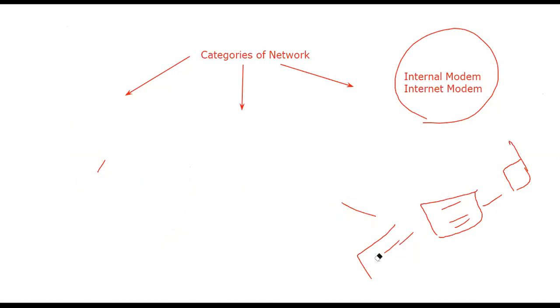If your questions are answered, I will go to the categories of network, and I would like to explain the three main categories of a network. The first category is the LAN, the local area network. Now, local area network, I will write all of them at once.